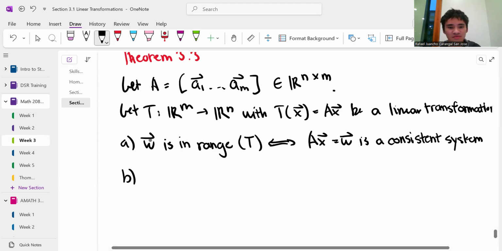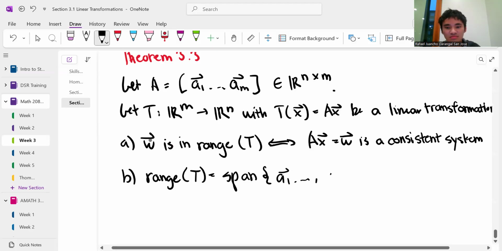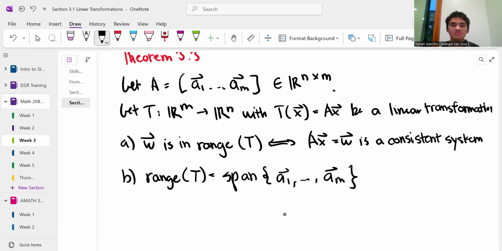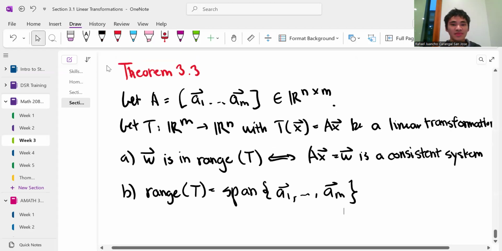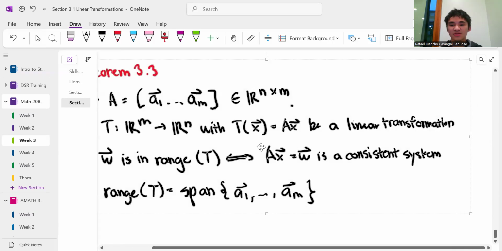What else? Range of T. Oh, this one's interesting. Now we're going back to this idea of spans. The range of T is actually the span of these vectors, which I never knew. Okay, hopefully there must be some way to connect this, but we're gonna do it later.